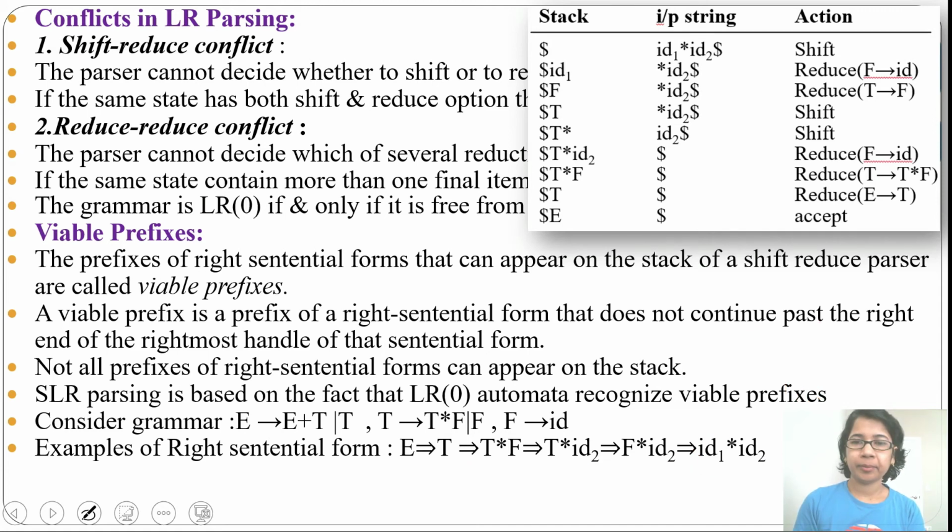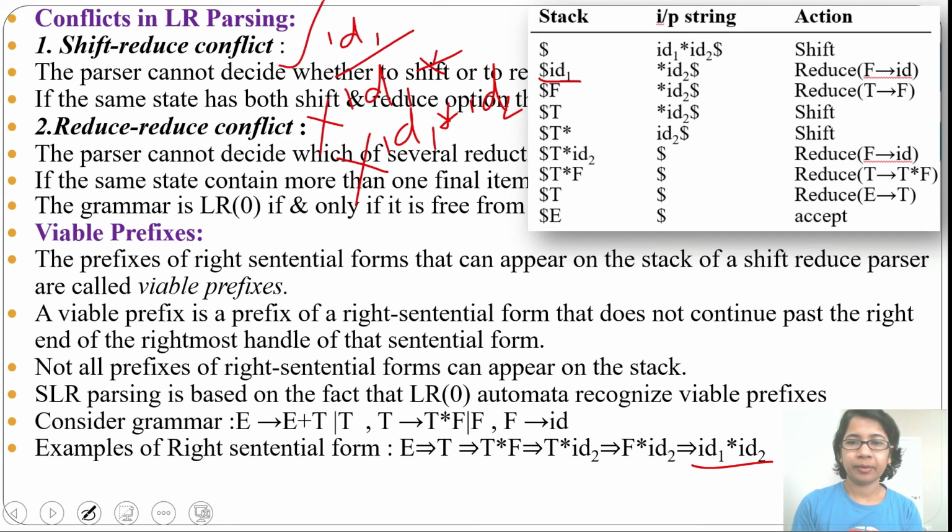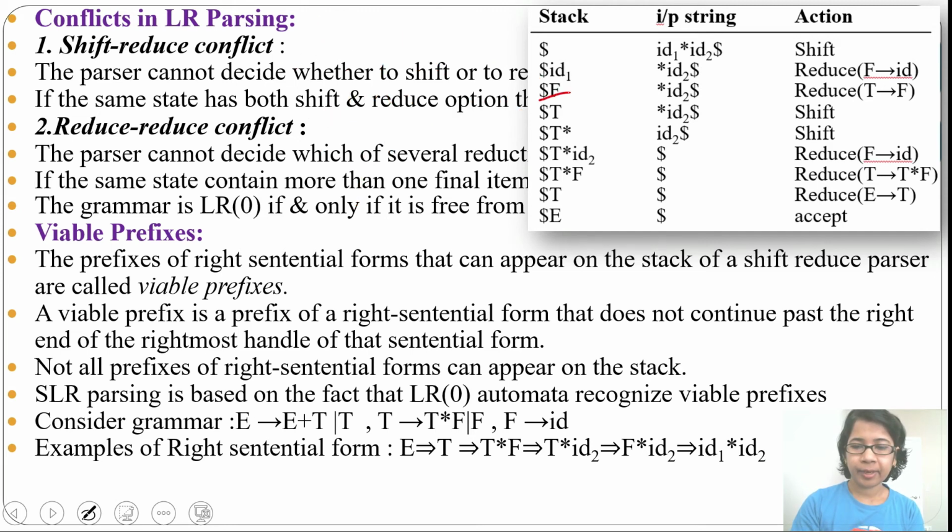Now what will be the viable prefixes? ID1 will be a viable prefix. From this, ID1, then ID1 multiplication, then ID1 multiplication ID2. ID1 multiplication ID2 is not a viable prefix. ID1 multiplication is not a viable prefix. Only ID1 is a viable prefix. Next, F is a viable prefix.